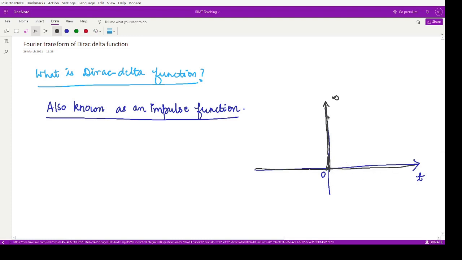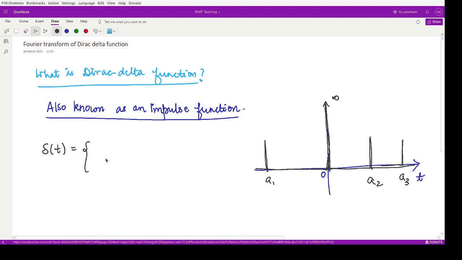Suppose the earthquake is felt at different time periods, so it is like this and then this and then this. So at all these different locations, say A1, A2, A3, an impulse is felt of different amount. So this is denoted by delta of t.